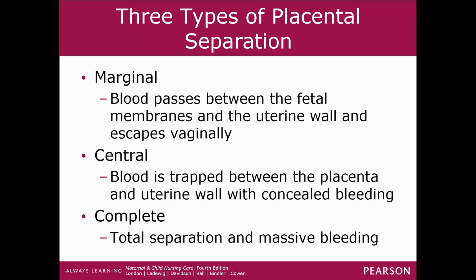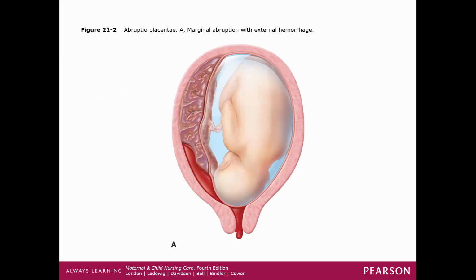Now, in the central abruption, the outer edges of the placenta are still adhered to the uterus, but the center of the placenta has broken away. She's bleeding in that little pocket, and it is concealed because it is trapped within the uterine wall and the placenta. Then there's the complete abruption, where the placenta has completely disengaged from the uterus and she is bleeding.